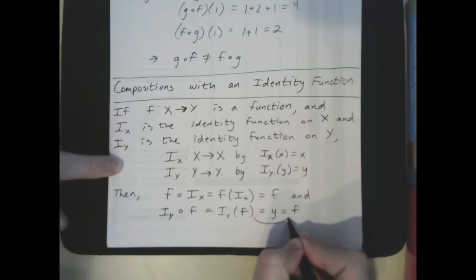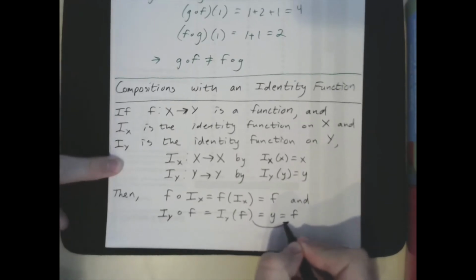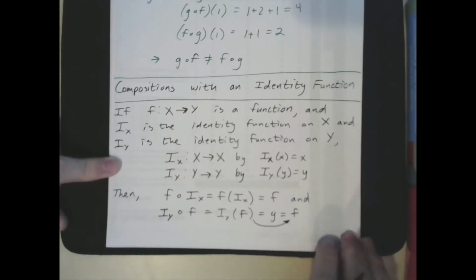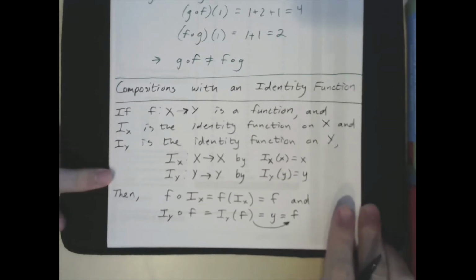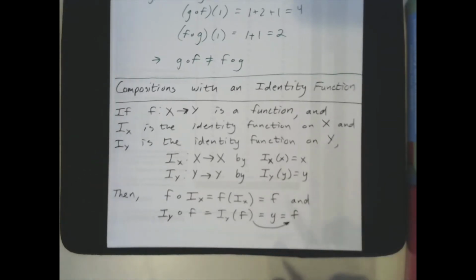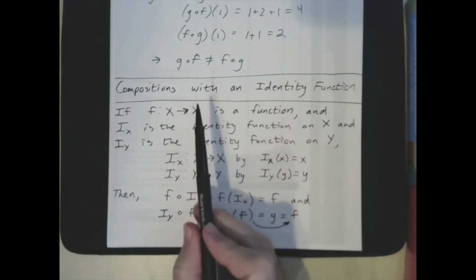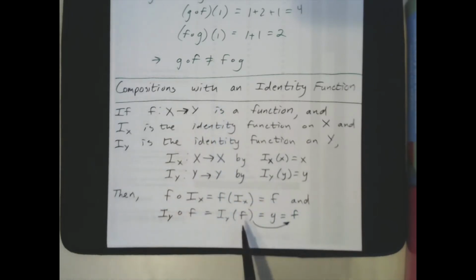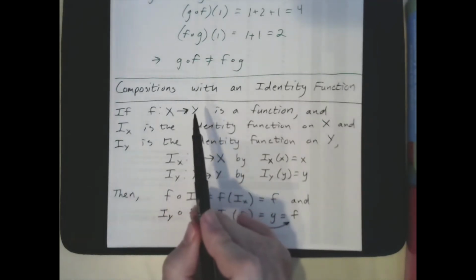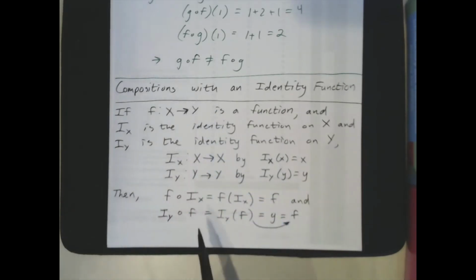And a lot of times you'll just see this. Because again, if we think of f as its set of values that it maps to, its image, then all the elements that it maps to in y get identified. And if you're composing f with y, f is a set of y values, because that's where we end in. We take x's into y's, and then we just identify those exact y's with the identity function I sub y.